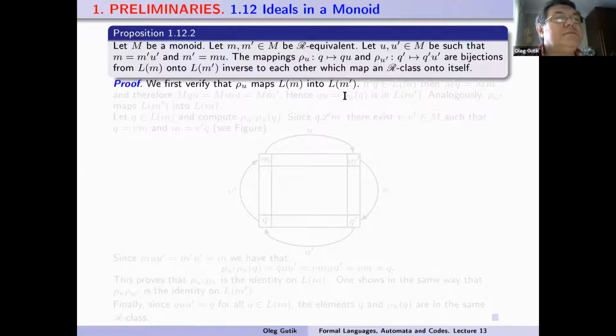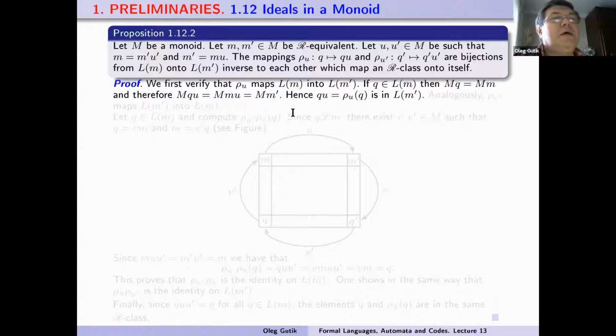We shall prove this. First, we verify that ρ_u maps L(m) into L(m'). If q belongs to L(m), then Mm = Mq, and therefore we get that Mqu = Mmu = Mm'.